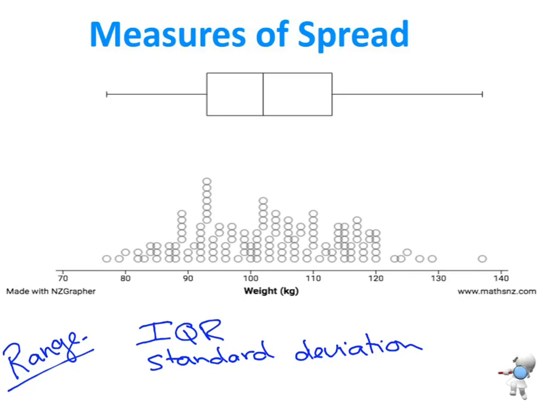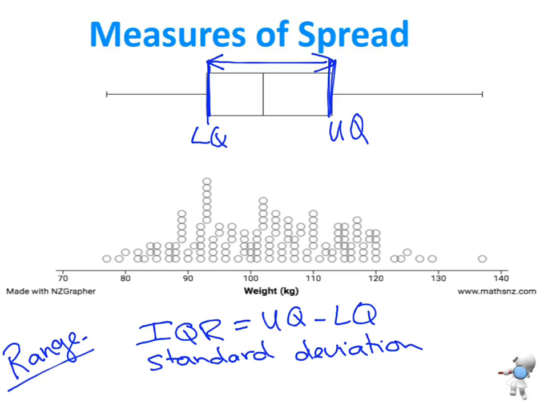The interquartile range is the upper quartile minus the lower quartile. So if I look at the box and whisker graph, it's saying, well, here's my lower quartile, here is my upper quartile, okay, and I want to find out how spread out that middle 50% of the data is. So that's our interquartile range.